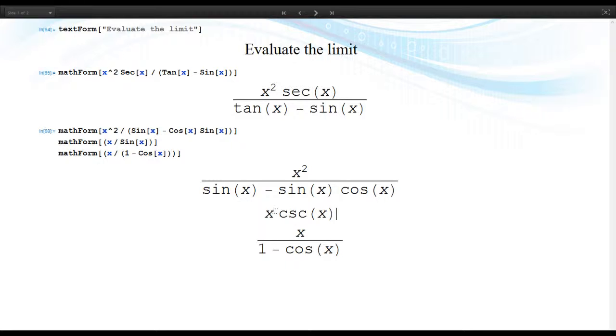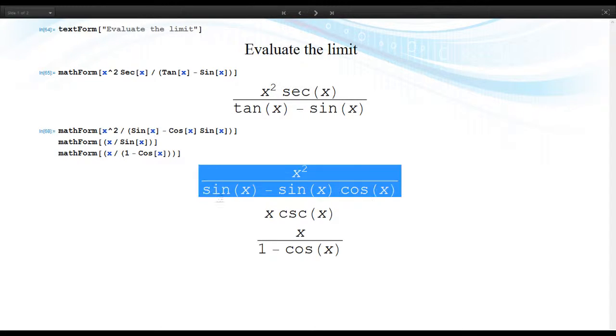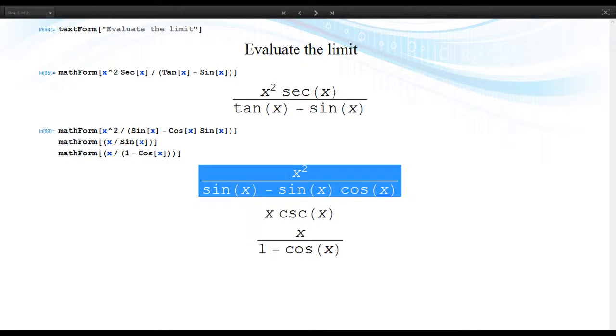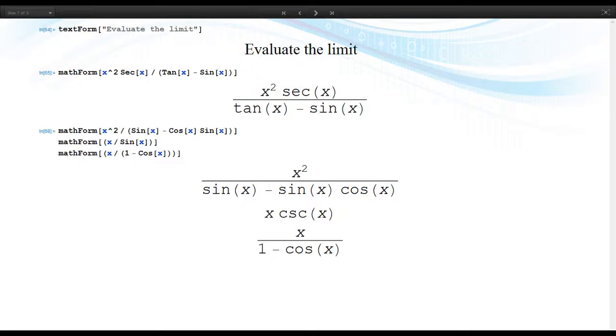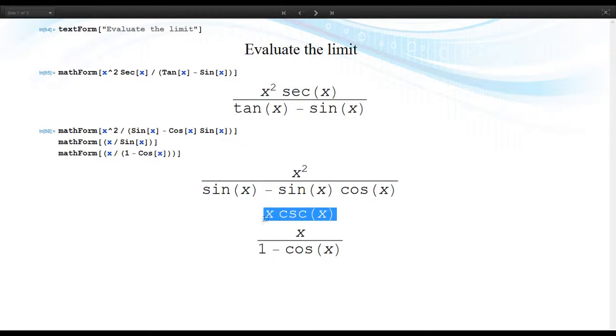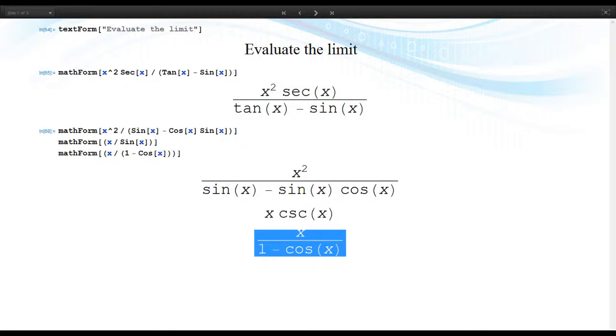And this expression is what I got when I factored an x out of the top and a sine out of the bottom. So I get x divided by sine, or x times cosecant, is what it's forcing me to place it as. And then I'm left with an x on top and a 1 minus cosine in the bottom here. So I have this fraction is equal to this fraction times this fraction.